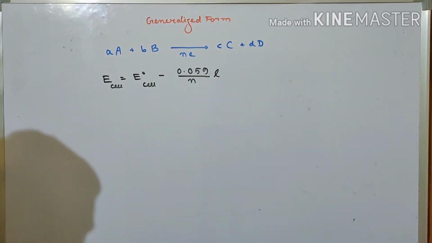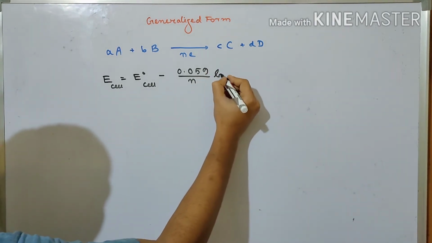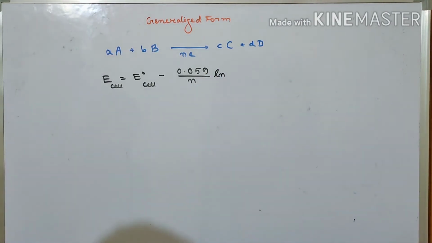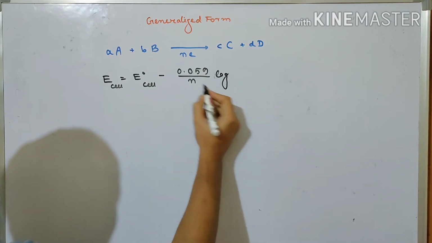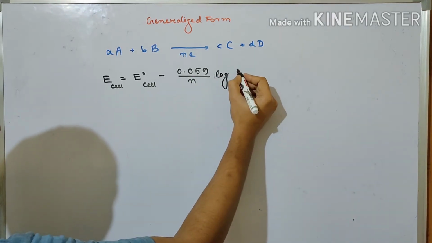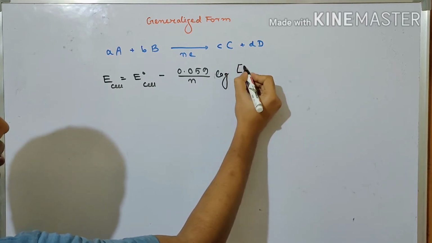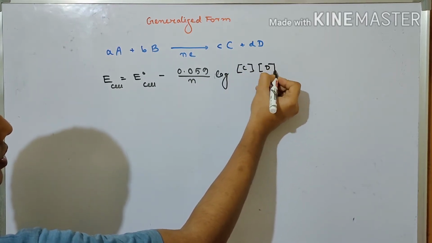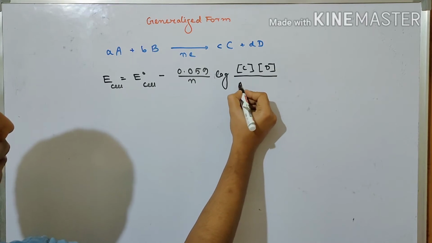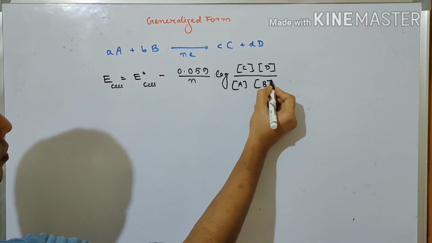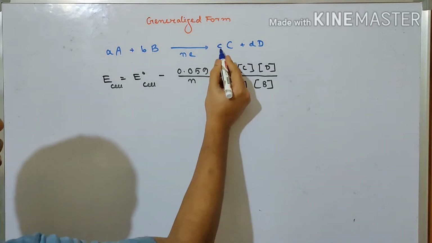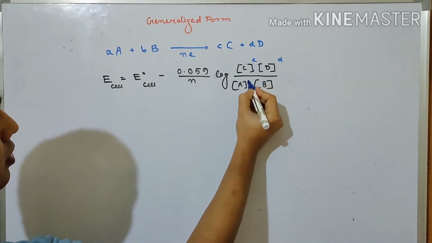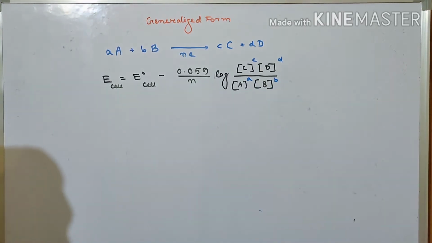Then we should be able to write ln, in that case we should be writing log because we have taken 0.059 already. Now here you see these two divided by these two, right? But the coefficients will matter. The coefficient of C will be here and A and B will be here.